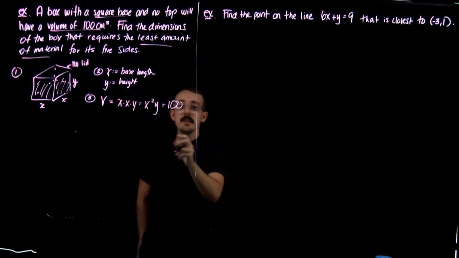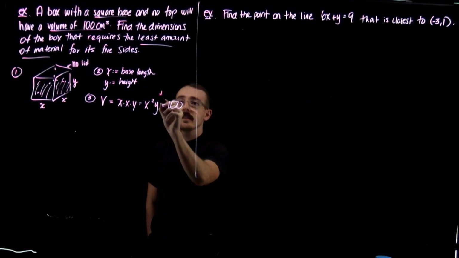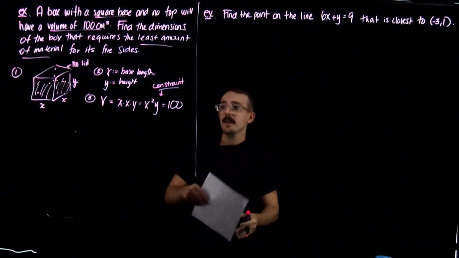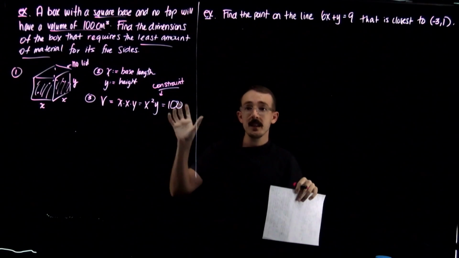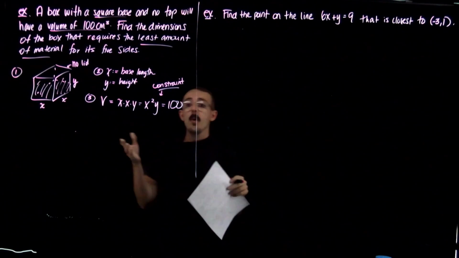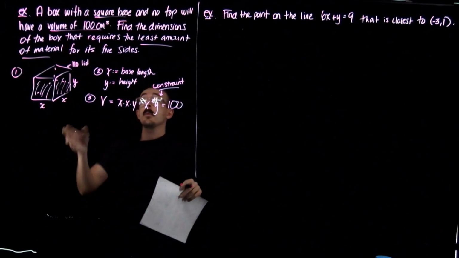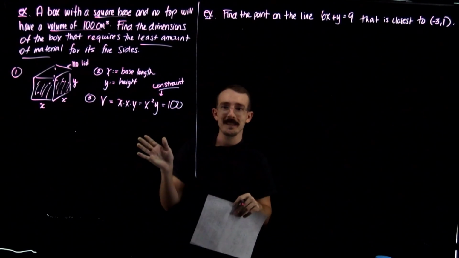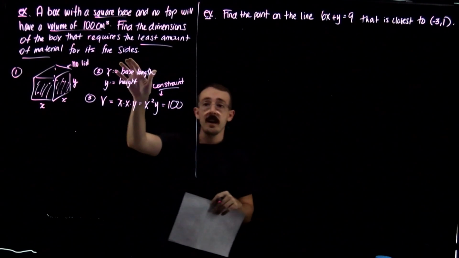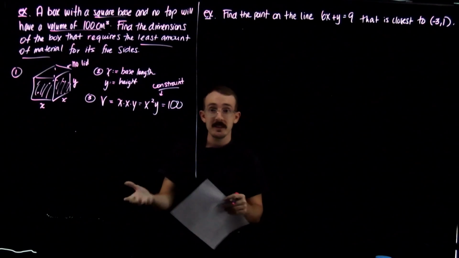That's given to us. So you can think of this as our constraint. This is a relationship between the x and y variables that's limiting the possible answers here. So this is our constraint. What am I trying to maximize? Or sorry, minimize. I'm not trying to maximize anything. I'm trying to minimize the amount of material for the sides. That's known as surface area.